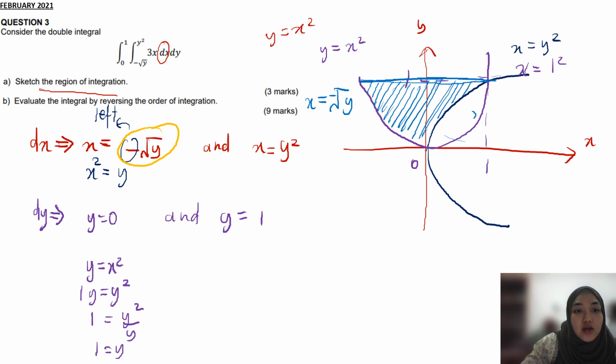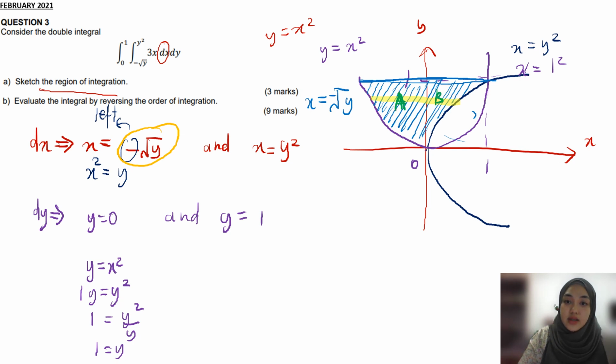Okay, next we want to evaluate the integral in the reversing order. Okay, for reversing order, this one is dx dy, so we should find dy dx. So for dy dx, I think this one you have to split, because for dy dx, we have to split into shaded region A and then shaded region B. So this one we see that for A, can you see A?